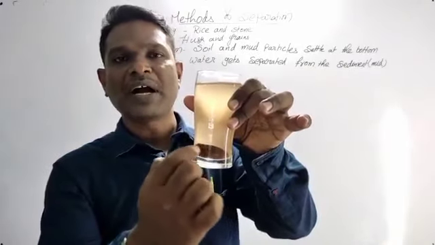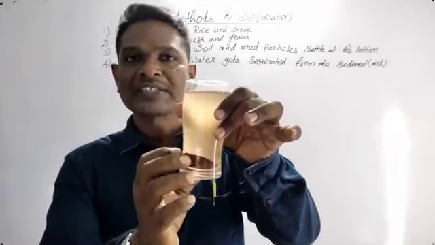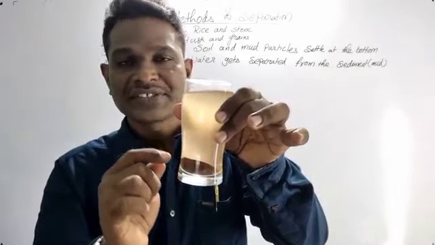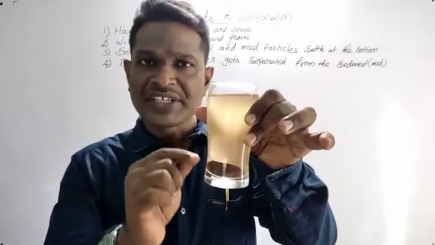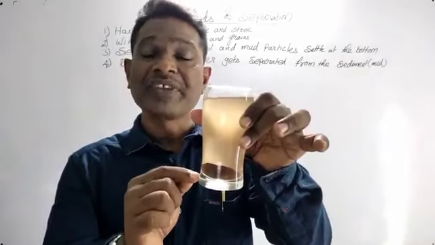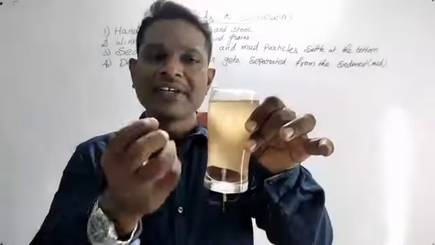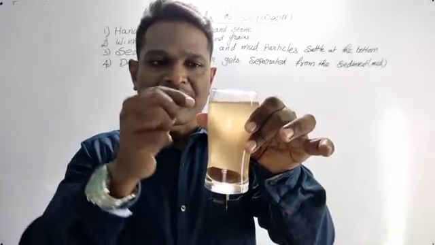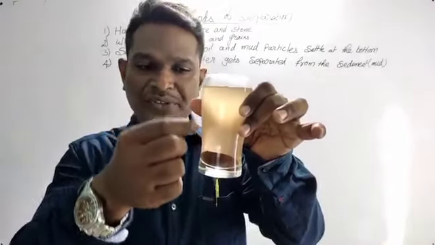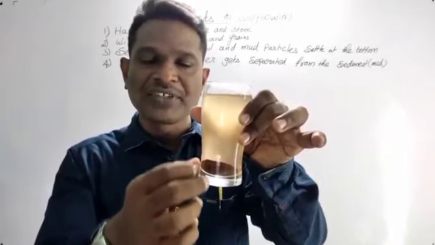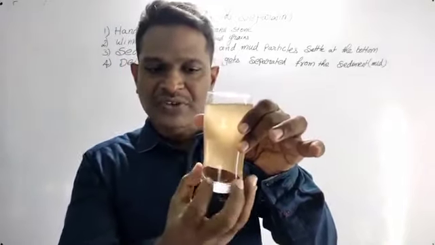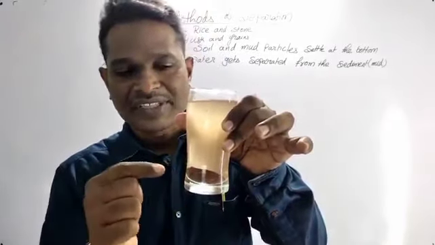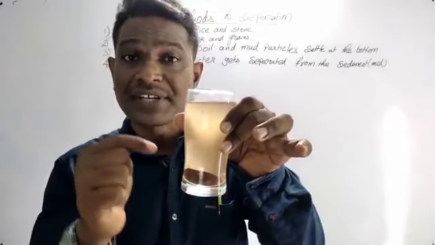This bottom part, the leftover part, is called sediment. Do you know why they have settled down at the bottom? Yeah, they have gravity, they have weight when compared with the water, so they reach the bottom of the glass.